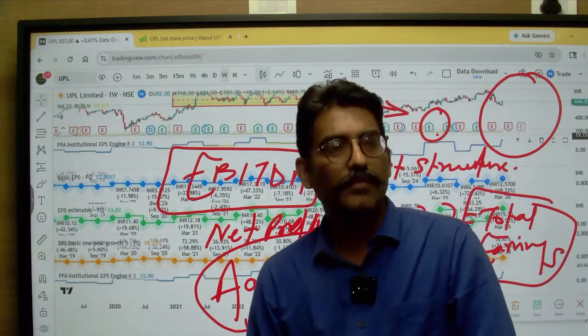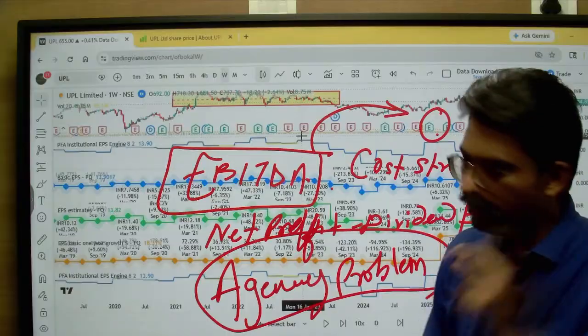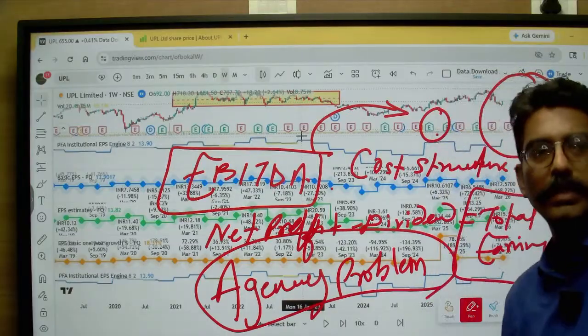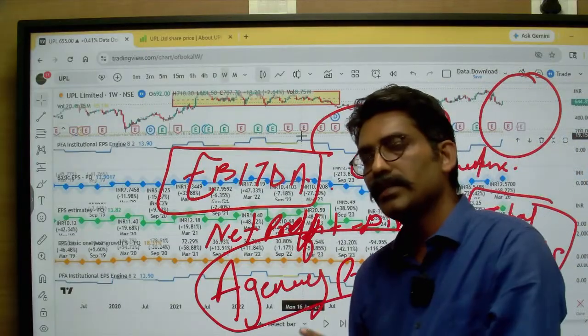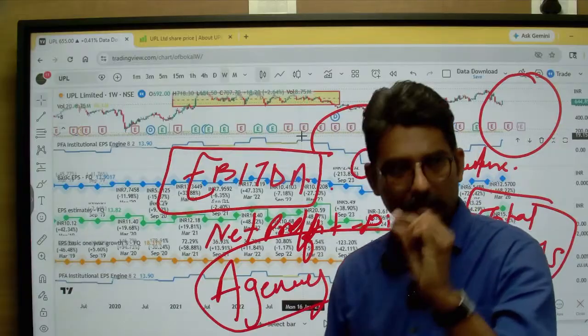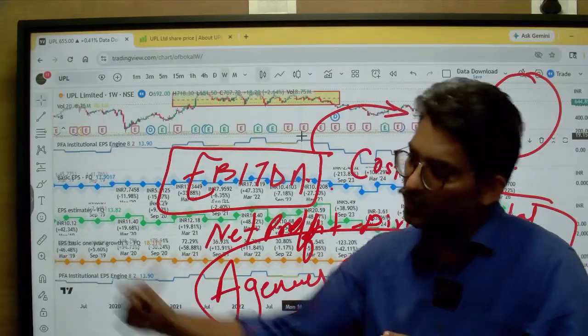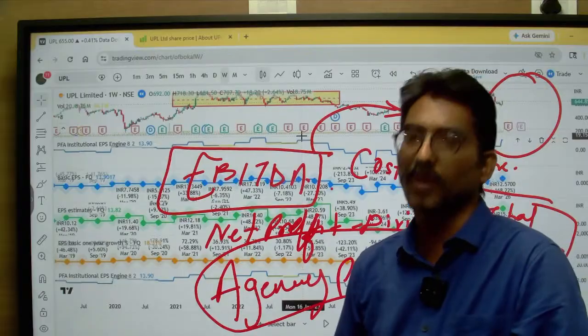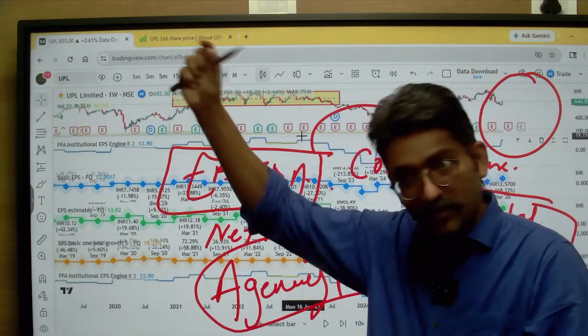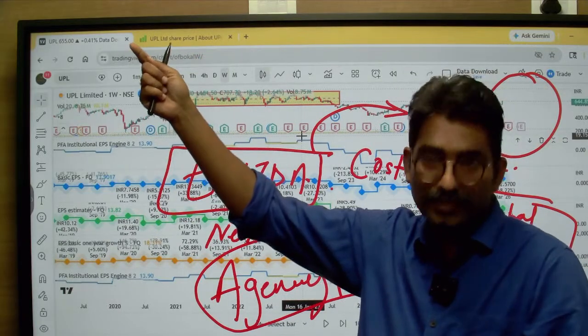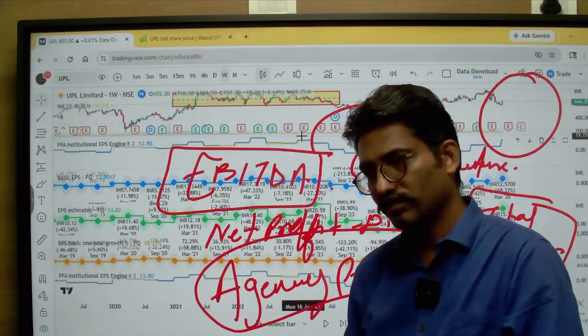But when you are working for yourself, it is not that the agency problem is not there, just that my agency problem is one of a small scale. Second is, I can address that agency problem in the morning. So I can get up at 5:30, address that agency problem, and then again go back to sleep.